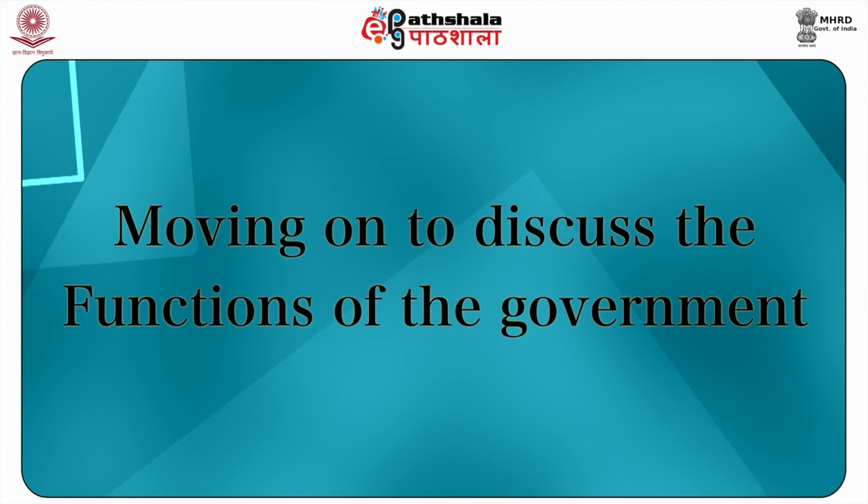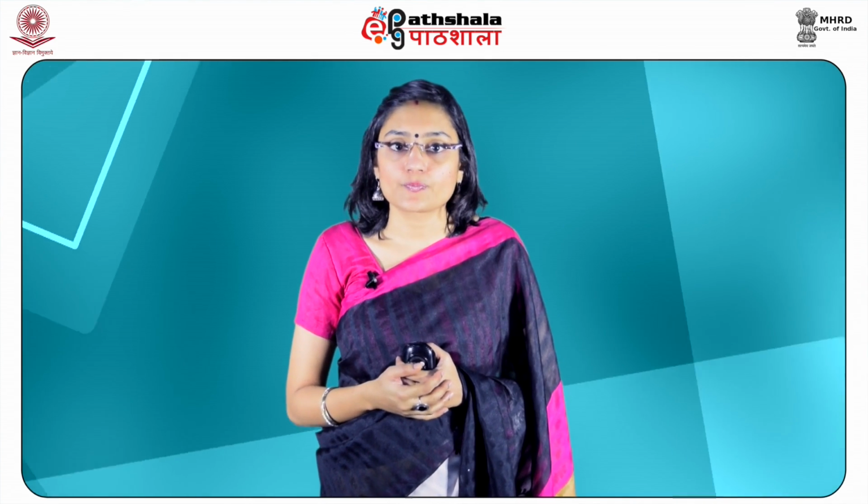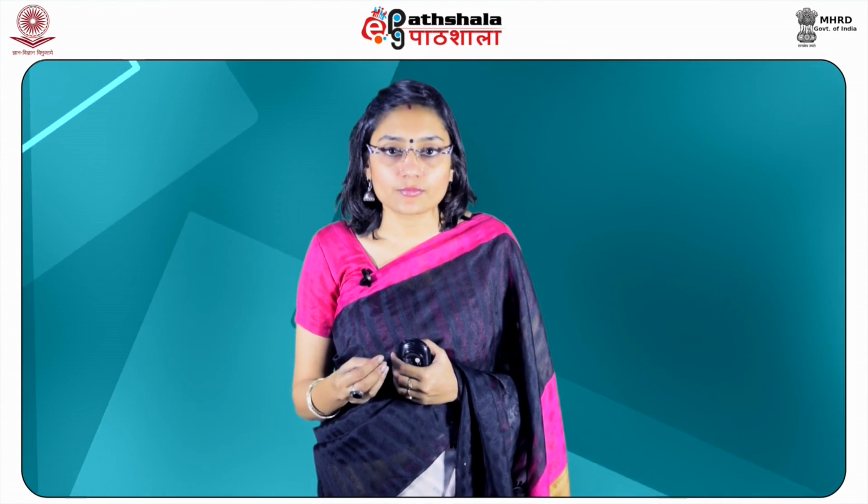Moving on to discuss the functions of the government. Musgrave, in his theory of public finance, has summarized the three essential economic functions of the government: allocation, distribution and stabilization functions. The resources are allocated through the market mechanism.